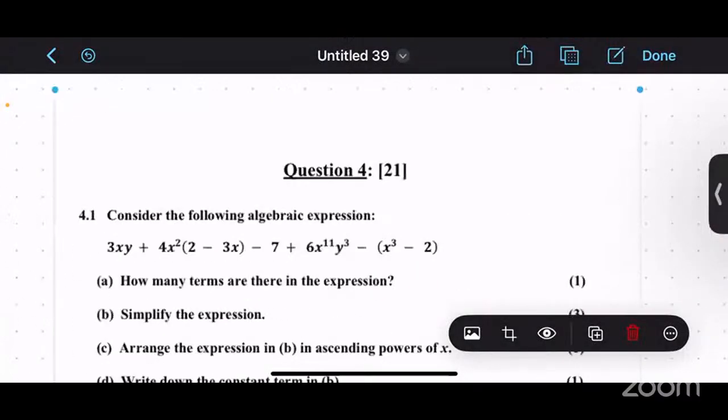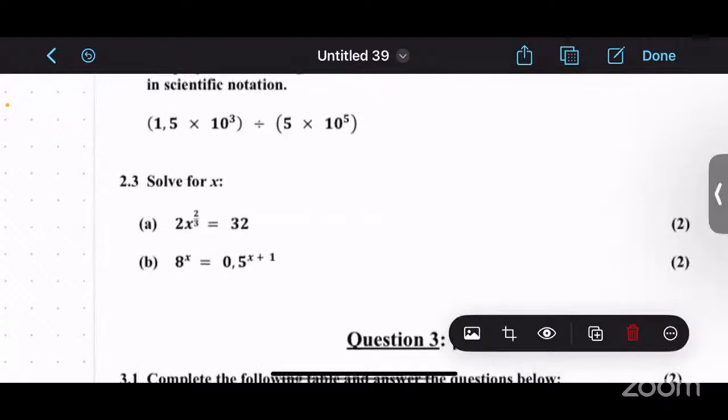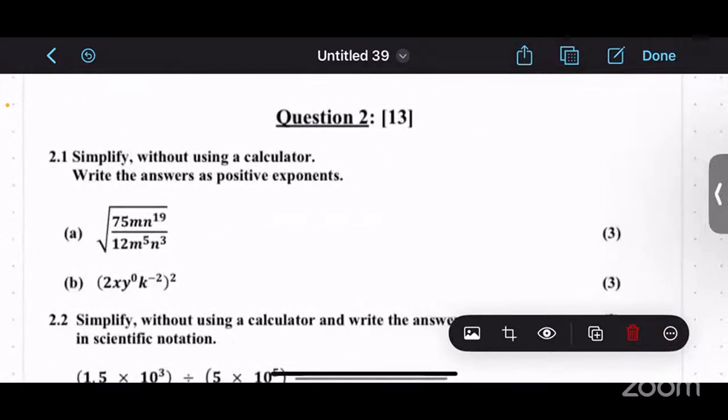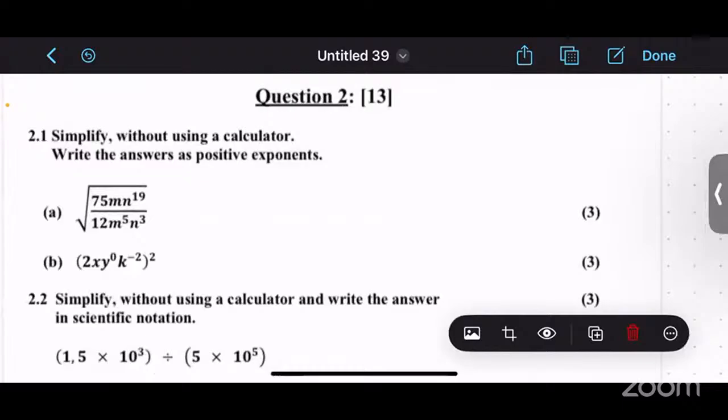Okay, so we're going to start with question 2, where we are required to simplify without using the calculator. In this type of question, the calculator can only be used to verify that your answer is correct, and to help you calculate, for example if they give you 10 to the power of 2.